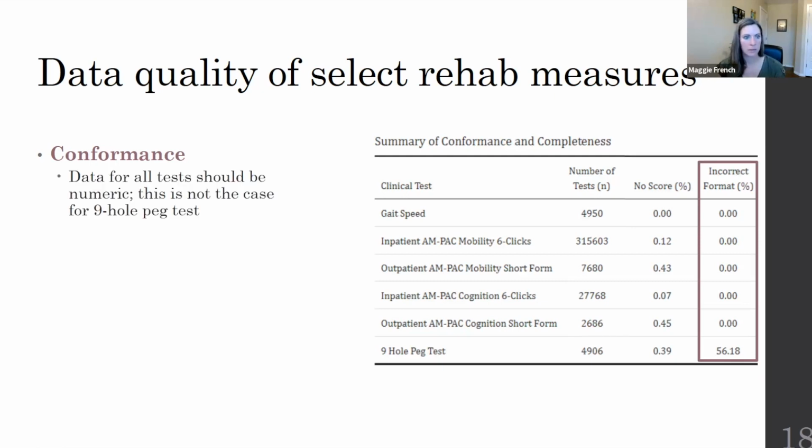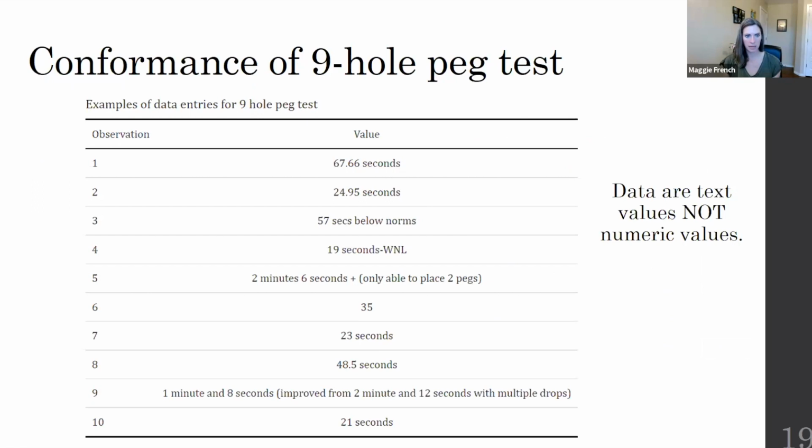So to show you what this actually looks like in practice, I've pulled 10 random observations from the 9-hole peg test, and I'm showing that here. What you can see is we have one random example here that is actually numeric, but then we have a lot of other observations where people are maybe adding the units, so seconds in this last example here.